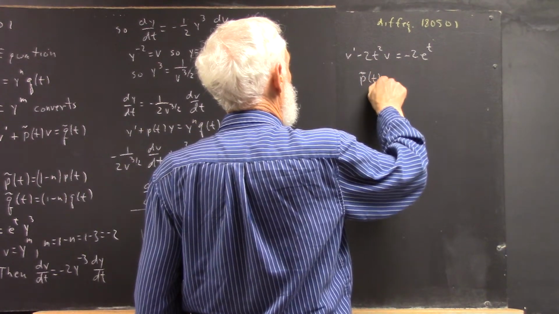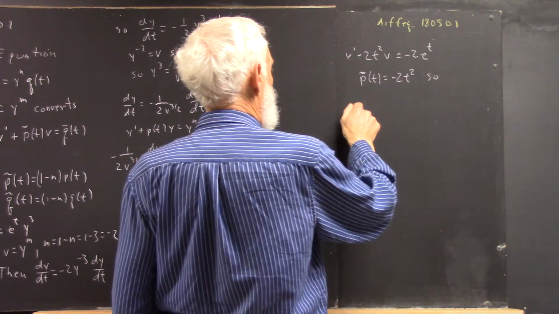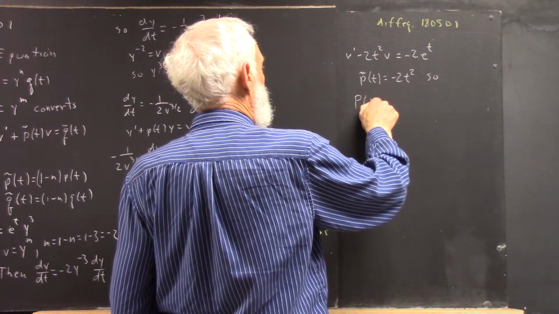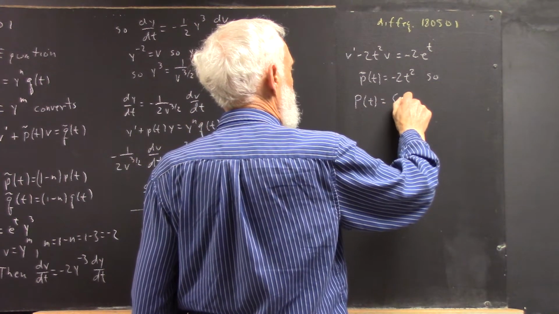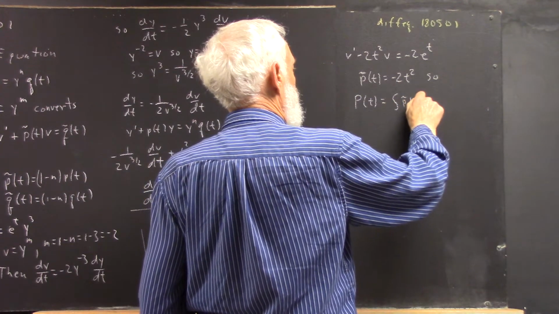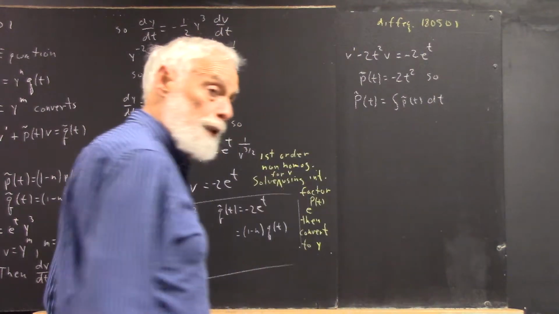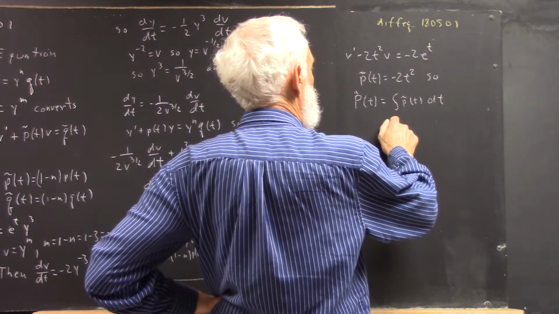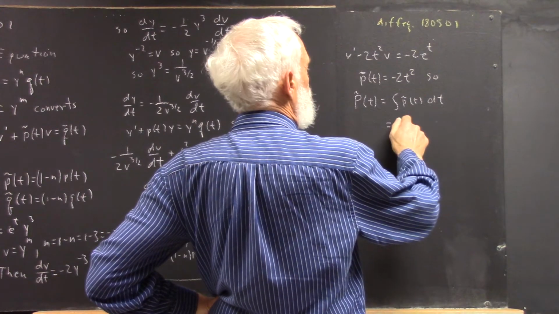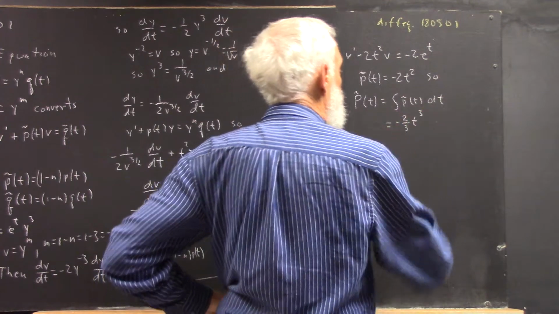P tilde of t is negative 2t squared, so capital P of t is an antiderivative of little p tilde of t, and we'll call it capital P tilde. And we're just going to use negative 2/3 t cubed.